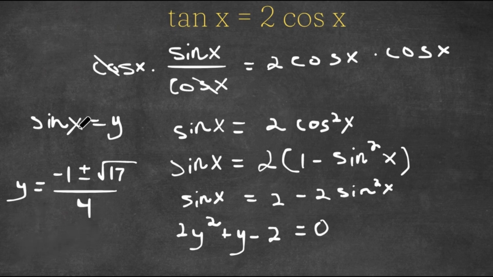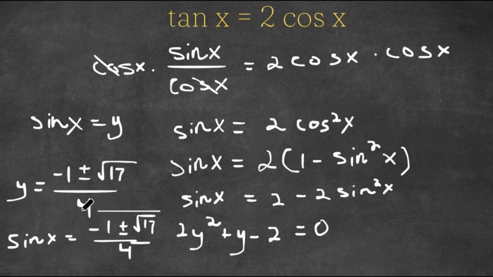And y is simply sine x, as we already know, so this means that sine x is equal to -1 plus or minus the square root of 17 over 4. So this is our answer.